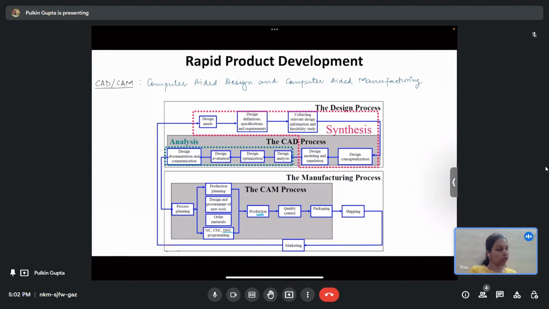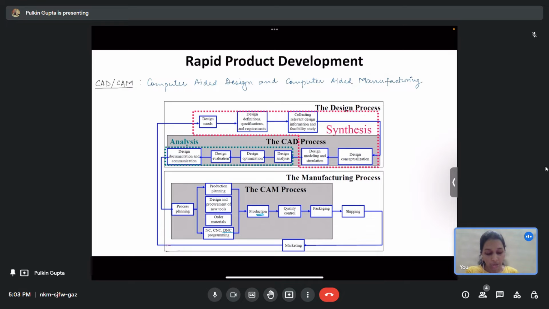So in rapid product development, we have main features as CAD and CAM. We can realize this rapid product development because of the computers present today. So, what is CAD and CAM? They are computer aided design and computer aided manufacturing.